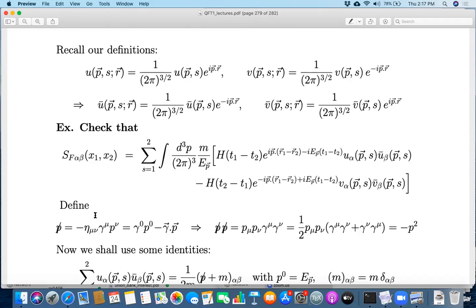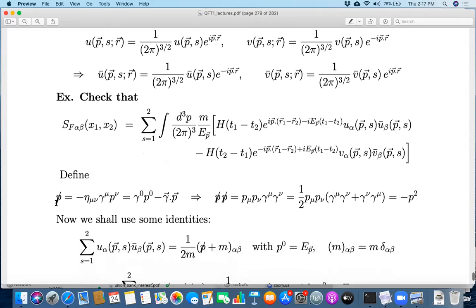So now I'll define this operator P slash, which is a very useful notation, and you will use it many times. The definition is simple. It's just minus P dot gamma, or minus eta mu nu gamma mu P nu. So when you expand in components, it is gamma 0 P0 minus gamma dot P. This has a useful property: if you take the square, P slash times P slash, which you can write as P nu P mu gamma mu gamma nu.